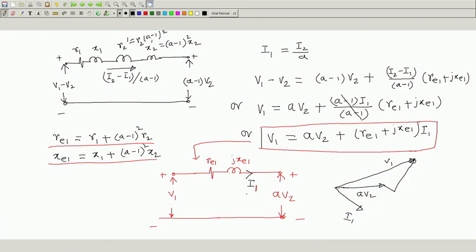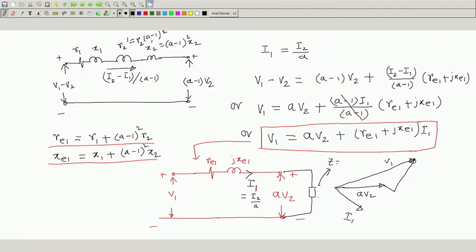This I1 also, see, I1 is also equal to I2 by A, is it not? I1 is equal to I2 by A. What do you think the impedance connected here? It will be this voltage A V2 by I2 by A. This point is worth mentioning, the load impedance.